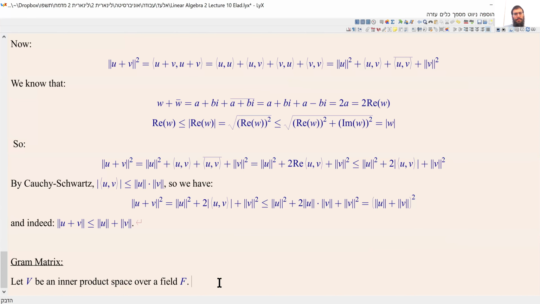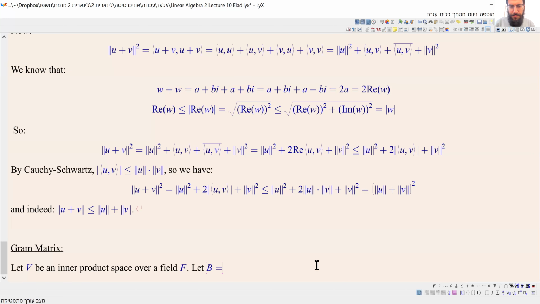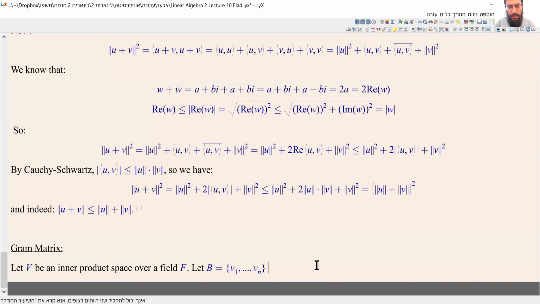Now we have some basis. It's not necessarily orthogonal nor orthonormal. Let B with v1 to vn be an ordered basis of V. The order is important. v1 is the first, v2 is the second, etc.